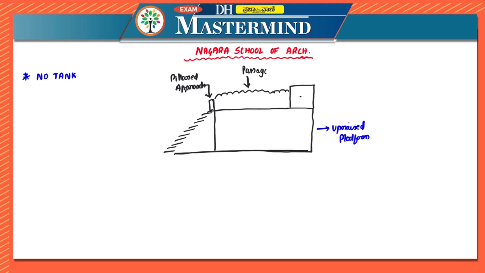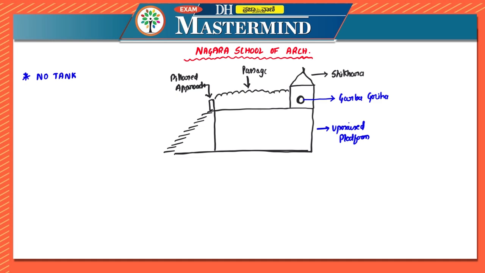The middle place, wherever there is worshipping, is called the Garbhagriha, which is the sanctum sanctorum. And on top you can see there is the Shikhara.